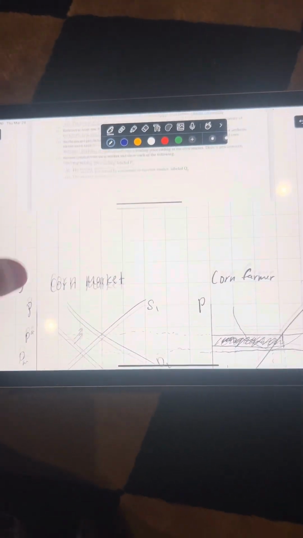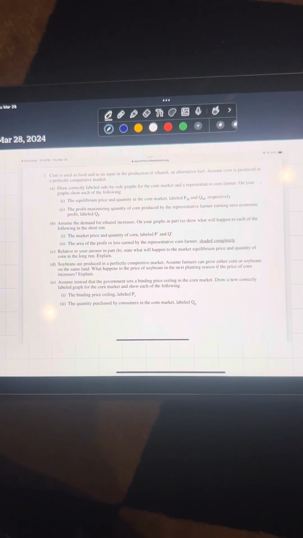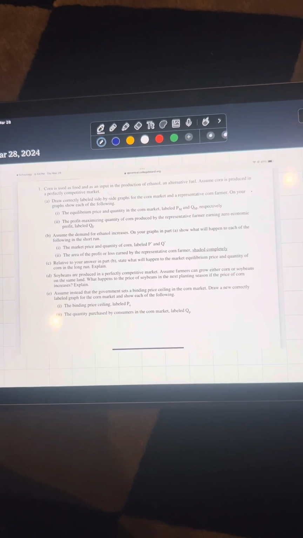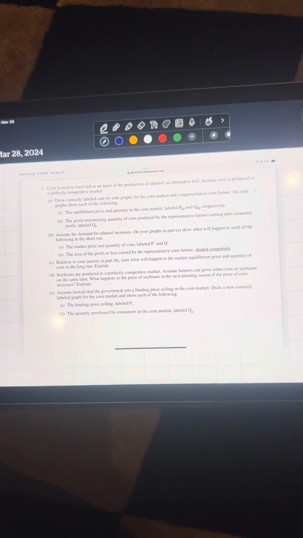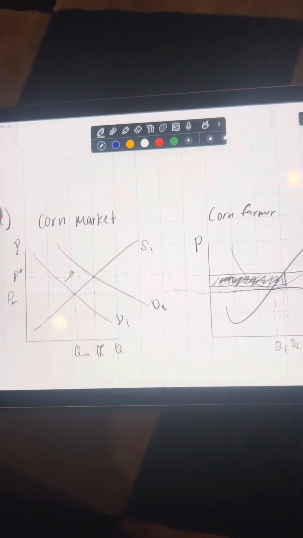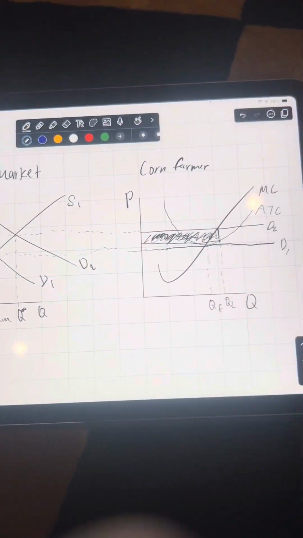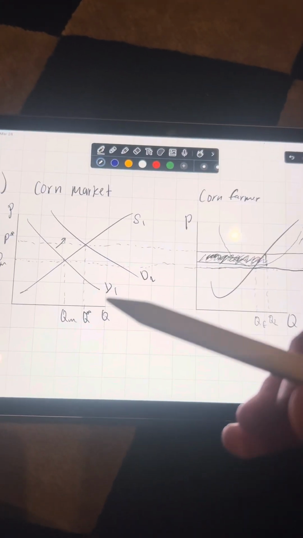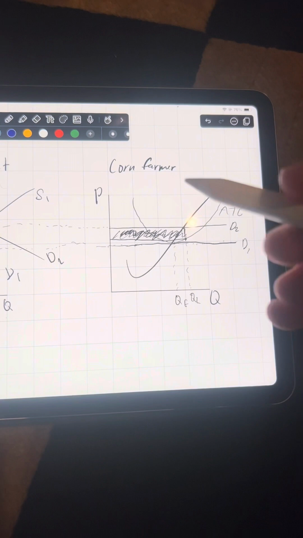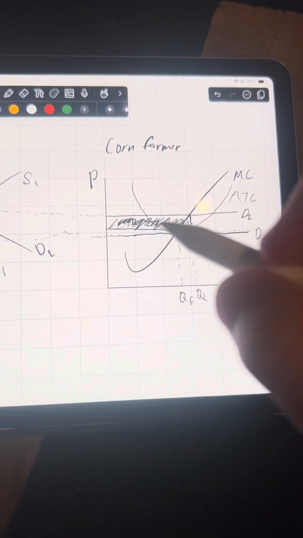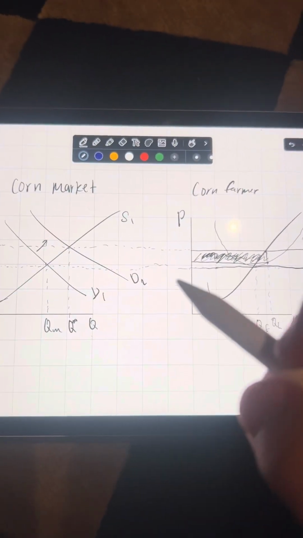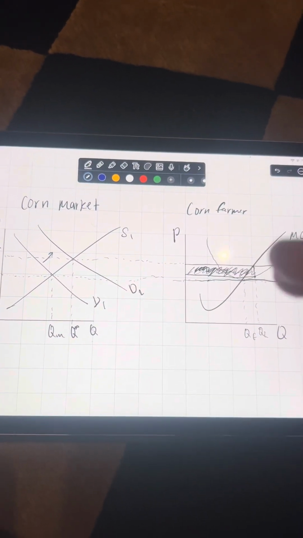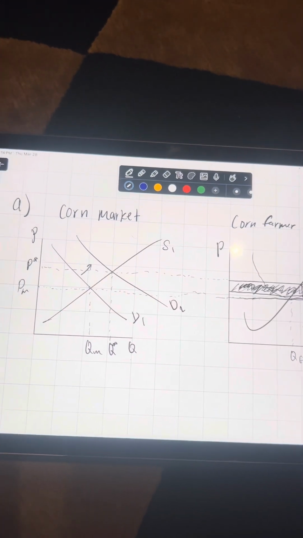So part C is basically asking, relative to our answer in part B, state what will happen to the market equilibrium price and quantity of corn in the long run. Explain. So basically, with the new changes in demand, as we can see in our corn farmer graph, we are now making a profit, whereas before the demand shift, we were not, which means more corn farmers are going to want to start entering this market.